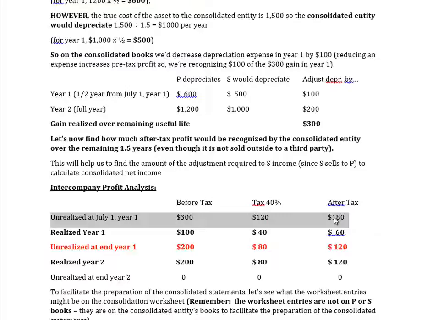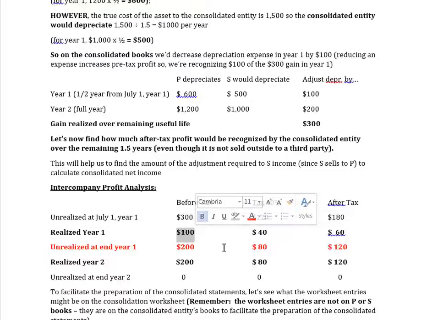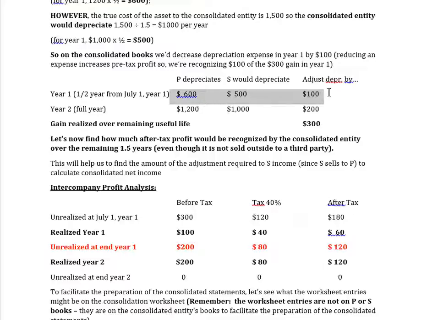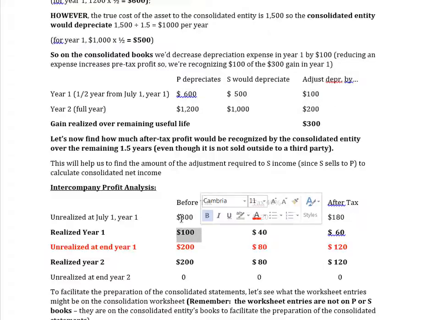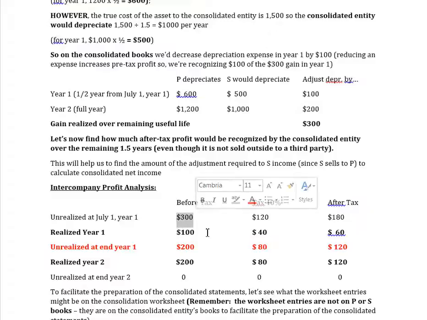How much of that $180 after-tax gain can be recognized? Well, the amount that's based on the reduction in depreciation expense. So we would be realizing through our adjustment of depreciation expense $100 of that $300 gain.